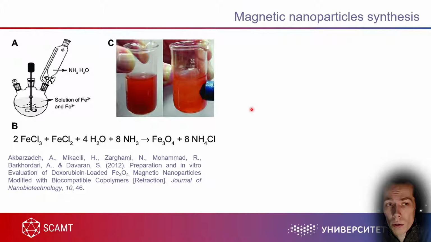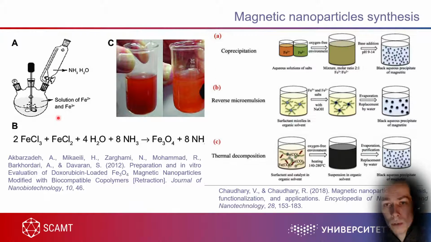There are a lot of different types of synthesis of magnetic nanoparticles, and basically it's again some reduction methods using, for example, ammonium solution and some precursors like iron chloride 2 and 3. When we are talking about different methods, there are co-precipitation methods, reverse microemulsion, again microemulsion, surfactants, and so on.